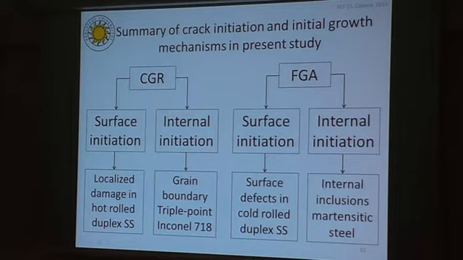Both the crystallographic growth region and FGA were observed around crack initiations that occurred at the surface as well as internally. But the damage mechanism and the defect types that were responsible for the initiations were different in different materials, as I presented before.